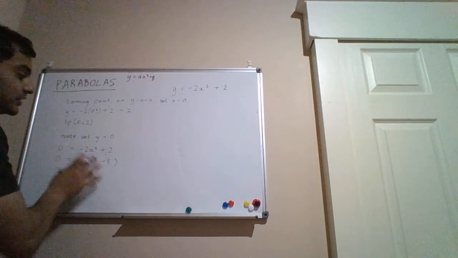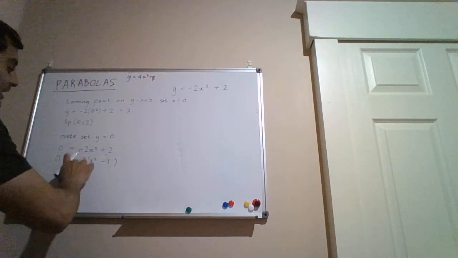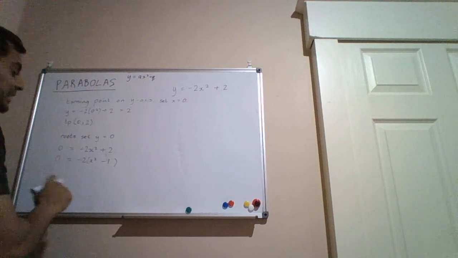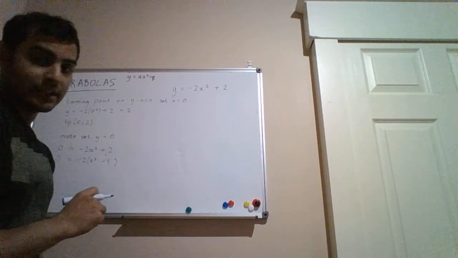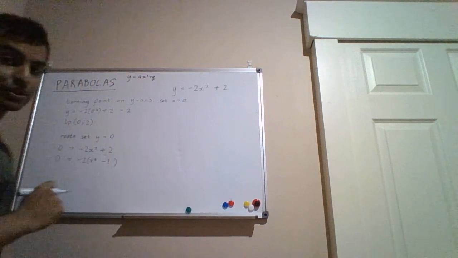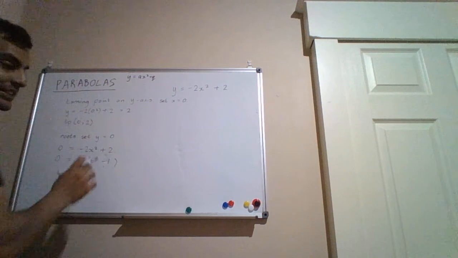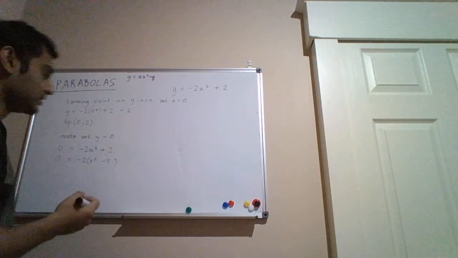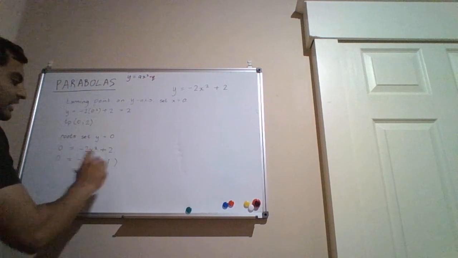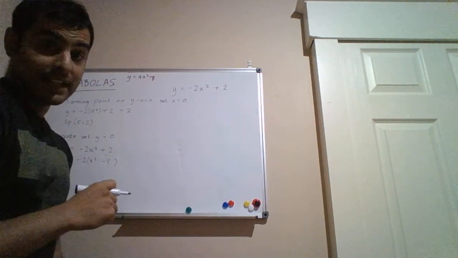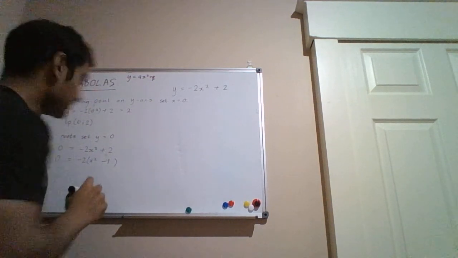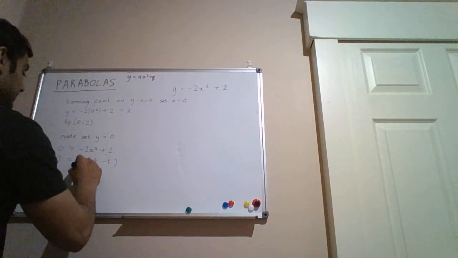So if you were to do the reverse, the distribution, and you brought this 2 back in, you would get minus 2 times x squared, which is minus 2x squared, and then minus 2 times minus 1, which gives us 2. So factorization is the reverse of distributing. So we take out minus 2, and when you take out a negative from a positive, we're left with a negative. So now we factorize this using difference of squares.